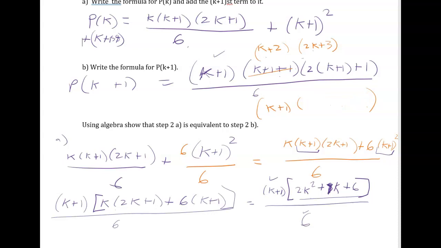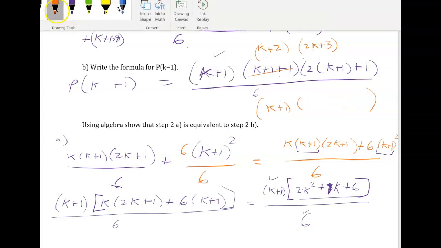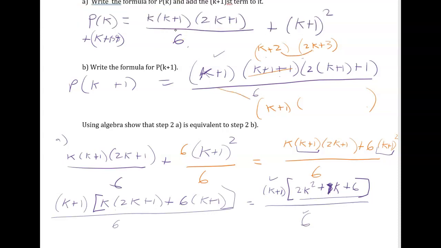So this inside here is this times this, k plus 1 is there. So that'll be 2k squared when I multiply out these two things up here, plus 7k plus 6, and all of that is still over 6. And I look here, and I look here, and I have the same thing. I've finished my proof.